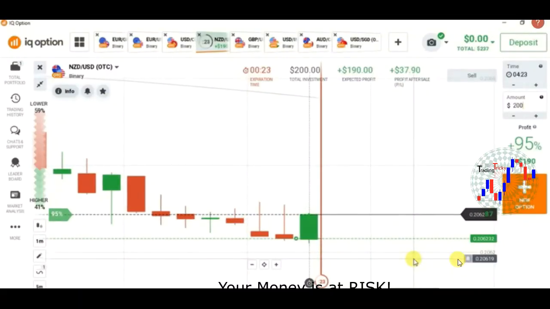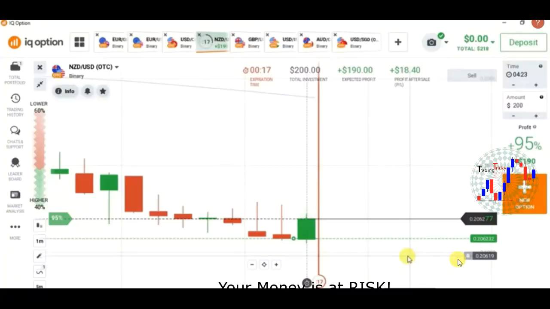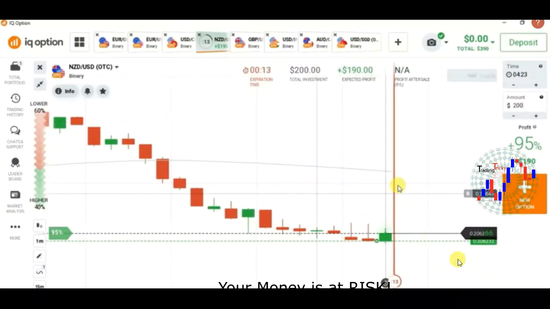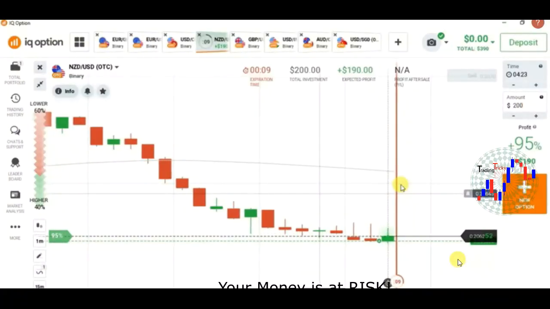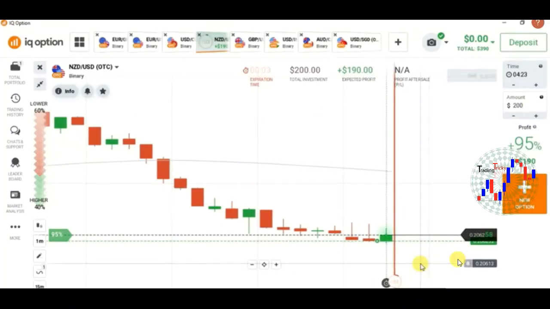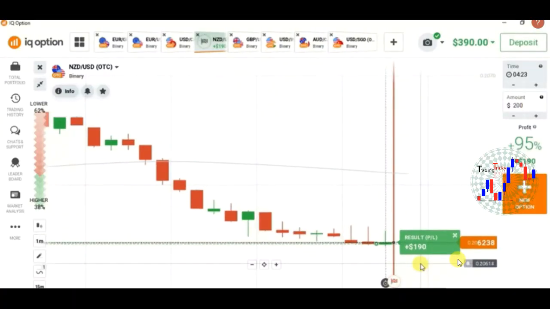It will be rejected by the sellers, because now the candle is at the sellers' level. Okay, rejection, but I'm expecting this candle will be a green candle. Yes, it's a winning trade.